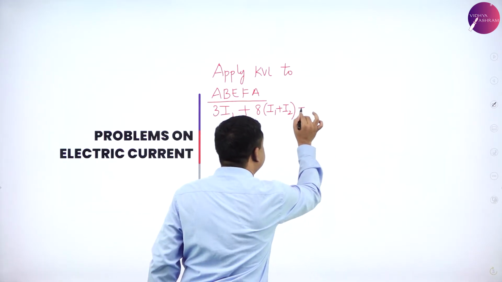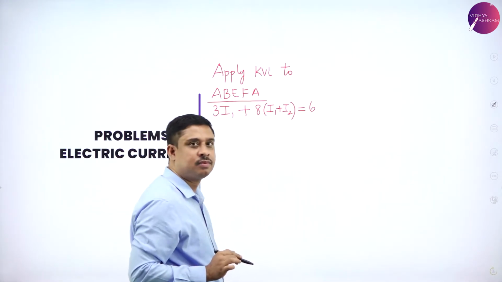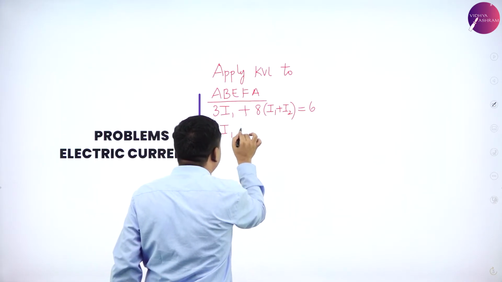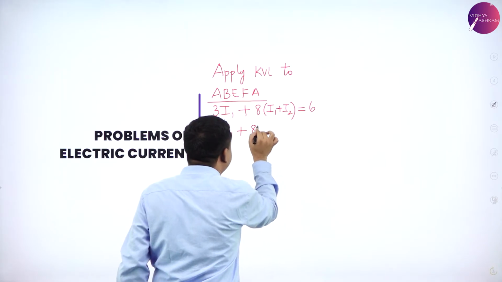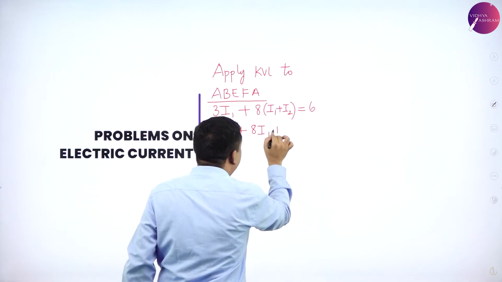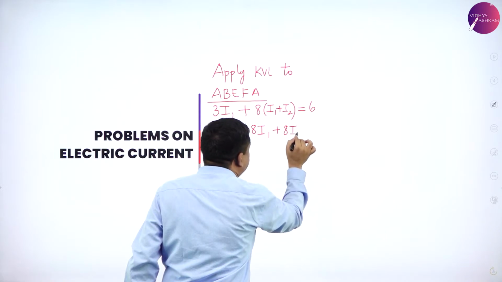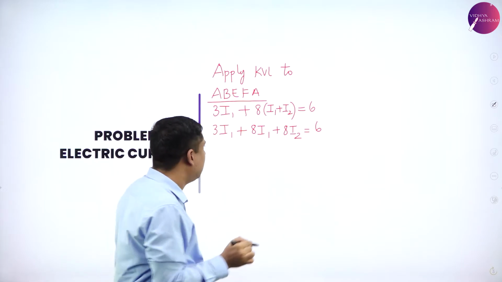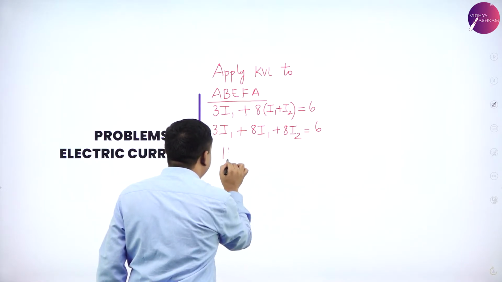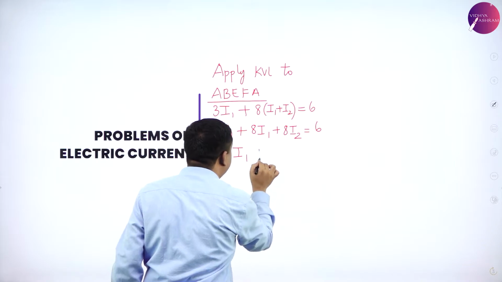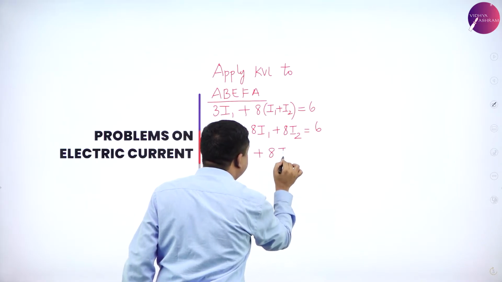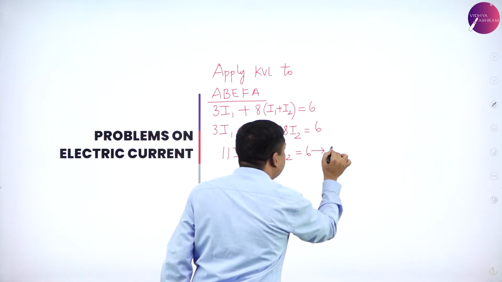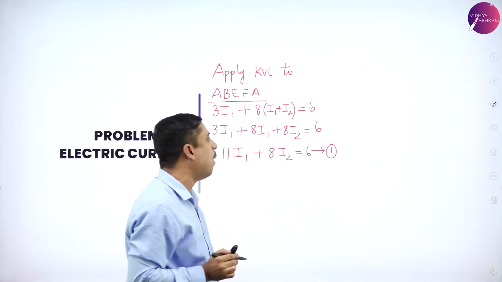So this is equal to 6. 3 times I1 plus 8 times I1 plus 8 times I2 is equal to 6. 8 plus 3, 11 times I1 plus 8 times I2 is equal to 6. And I call this equation 1.